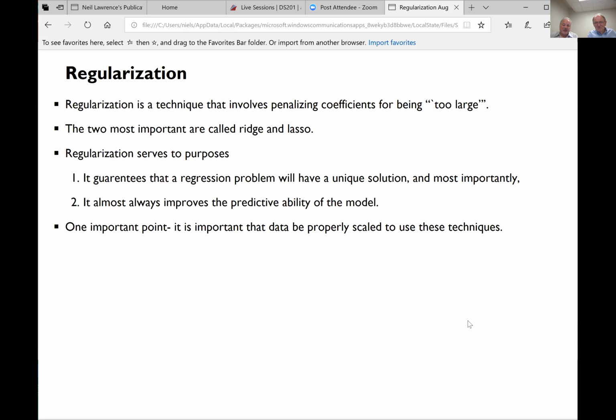What you do is take a large grid of lambda, say from 10 to the minus 10 to 10 to the 10, differing by factors of 10, and start with that as your grid. This is a numerical method used to find the appropriate lambda. So how much regularization you use depends on the actual data, and you use cross-validation to find the lambda that will give you the best predictive values.